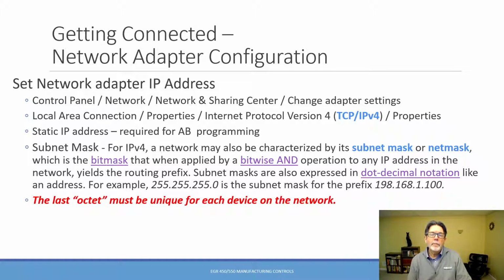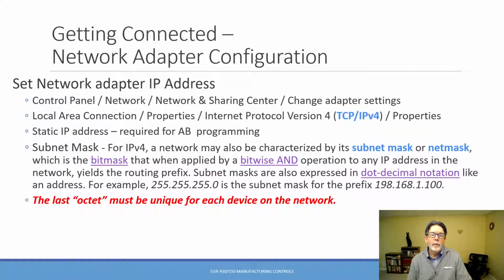So the subnet mask filters out everything except the devices of interest on the same subnet that we are. The subnet is controlled by the rightmost number, which is called the octet, because it's an 8-bit number and can vary from 0 to 255.